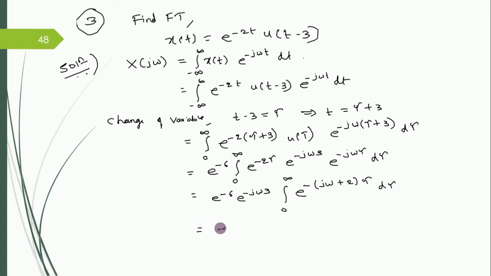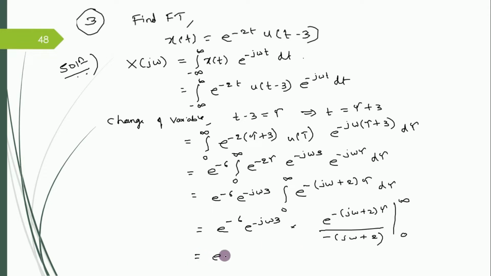So this is equal to e raised to minus 6, e raised to minus j omega 3, into, so take its integration, e raised to minus j omega plus 2 tau divided by, there is a minus sign coming out, so minus j omega plus 2. So this is what you get. Now we have to substitute the limits.